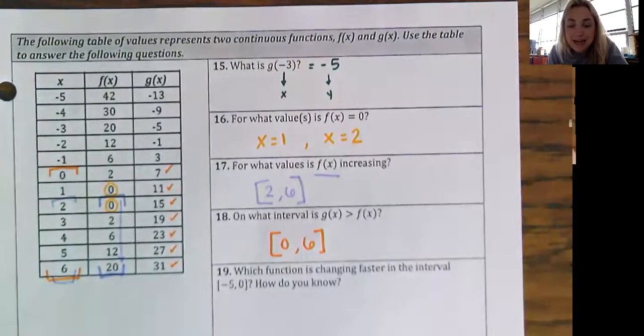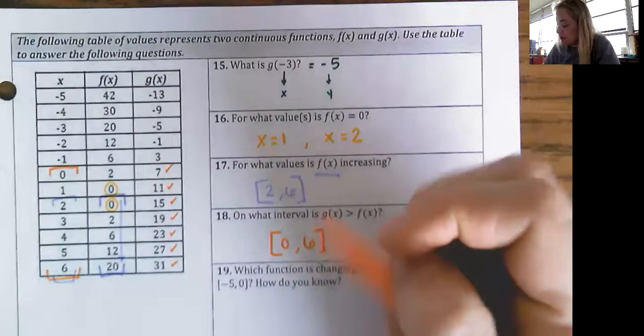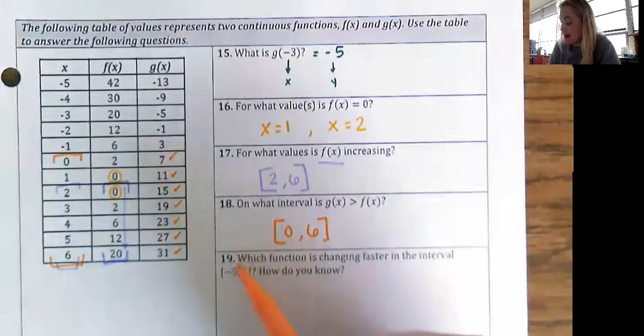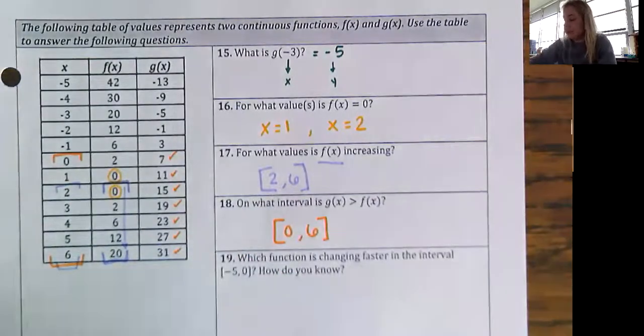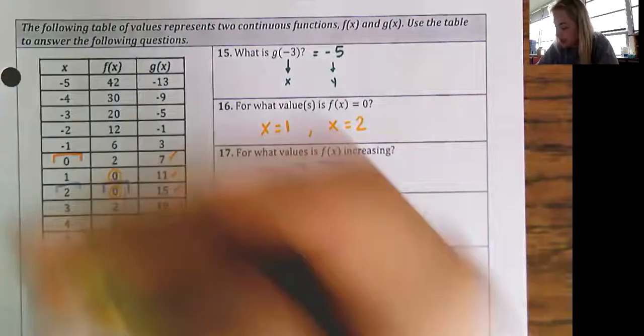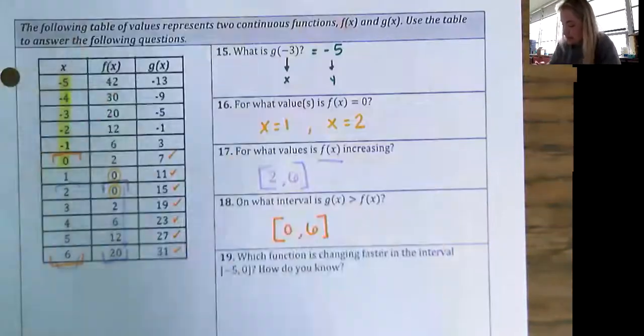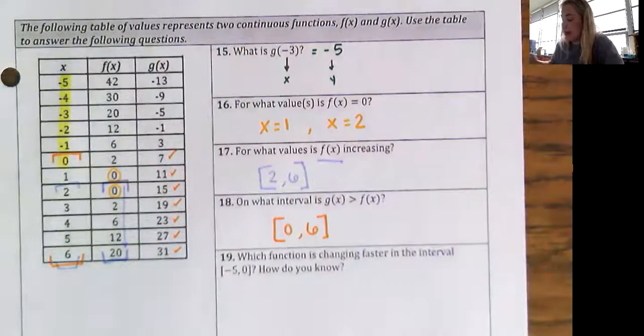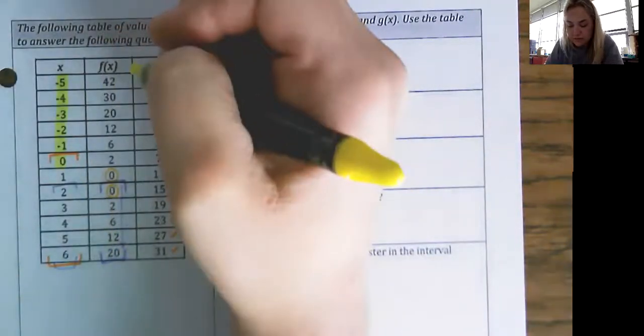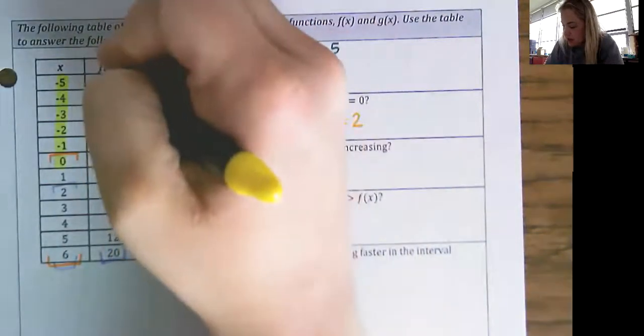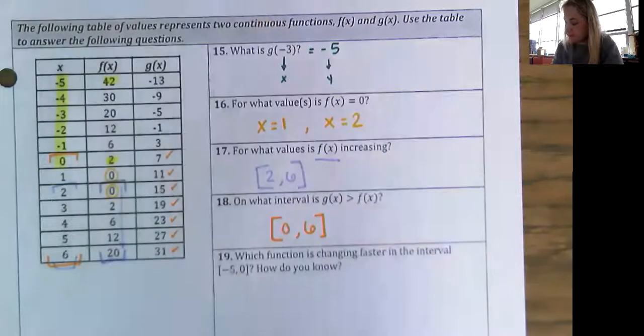All right, last one. Which function is changing faster in the interval from -5 to 0? So we are looking at this interval, -5 to 0. So we know that f of x goes from 42 to 2.